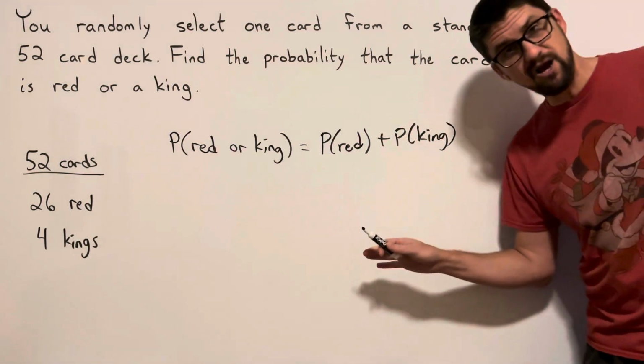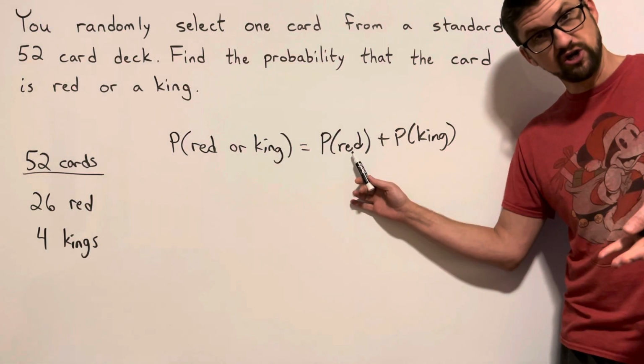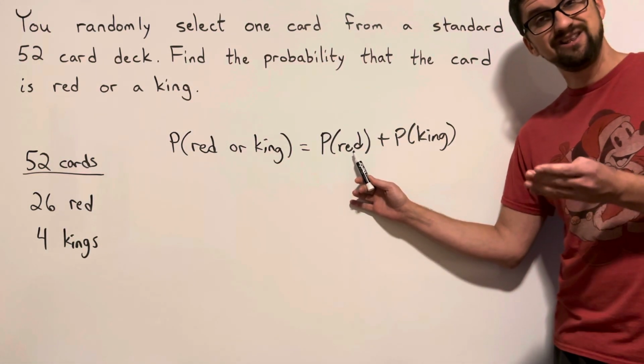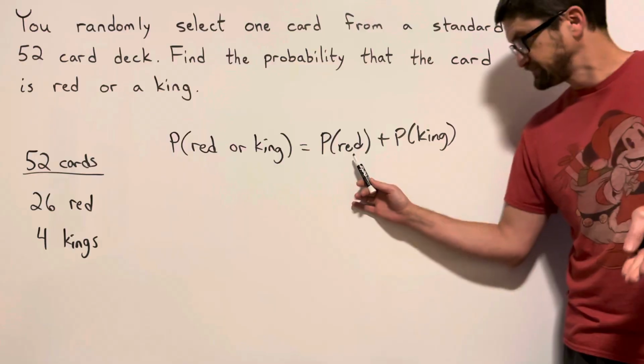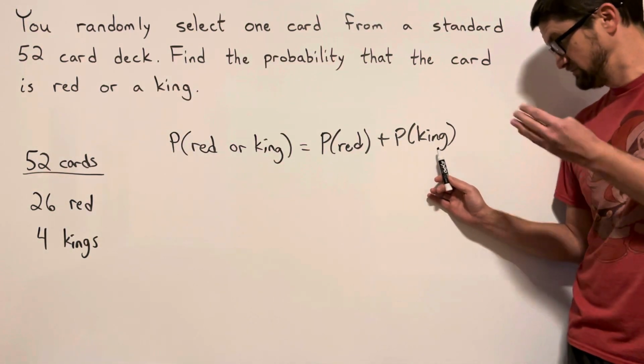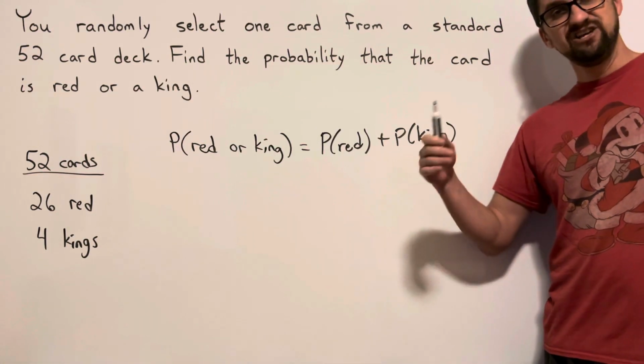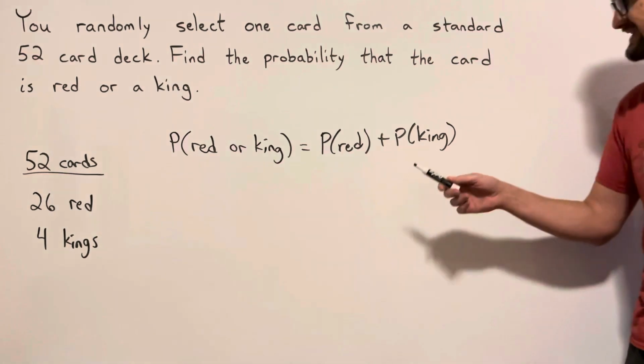Now you have to be careful because when we find the probability of getting a red card, we're including the 2 kings that are red. And then the probability that it's a king, we also have accounted for the 2 red kings here. So we did the 2 red kings twice.